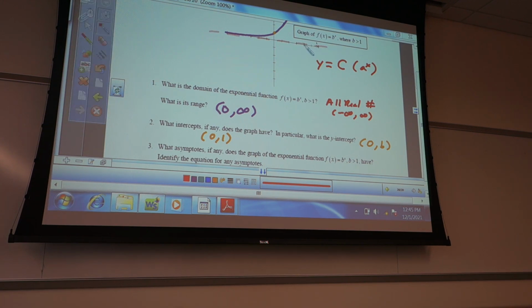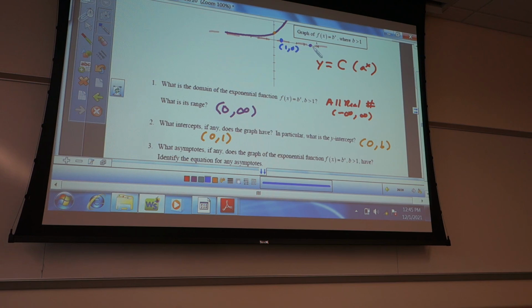Pick 2 points and find what each point is. What's this point? (0, 1). What's this point? (1, 0).